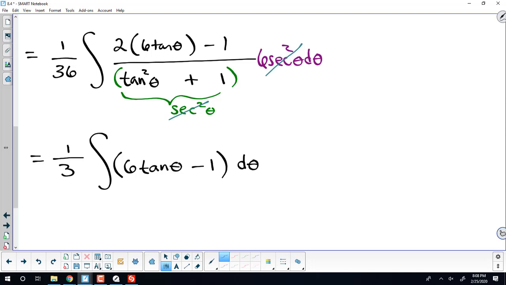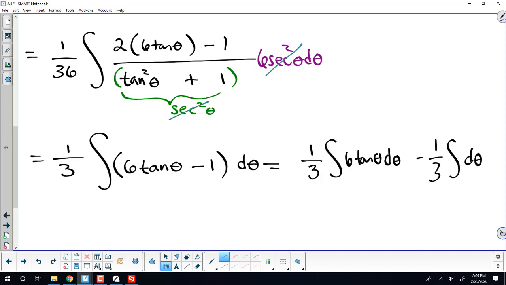All right. So let's look at this in 2 ways. We've got 1/3 integral of 6 tangent, antiderivative of 6 tangent, minus 1/3 antiderivative of 2. It's the antiderivative of tangent.